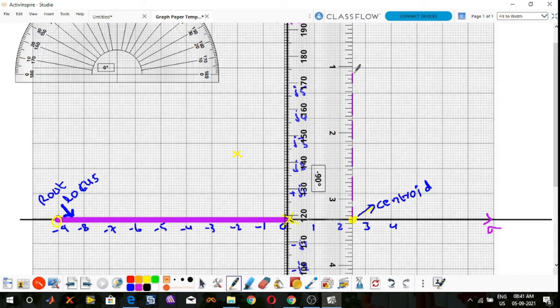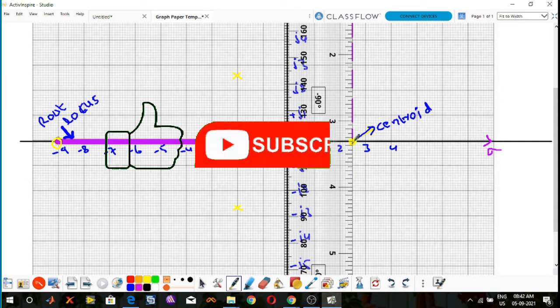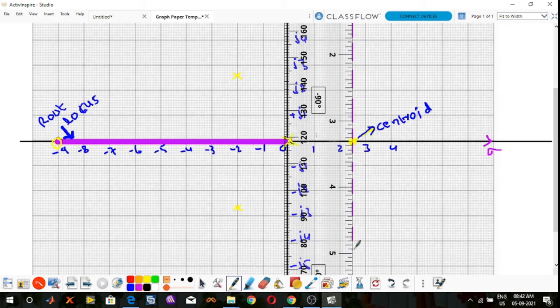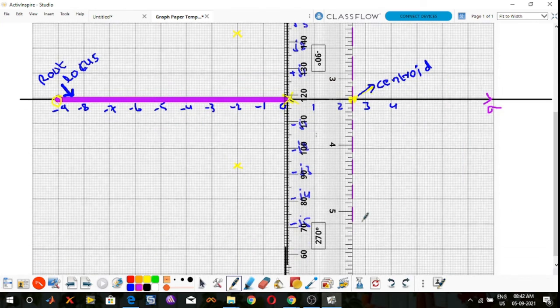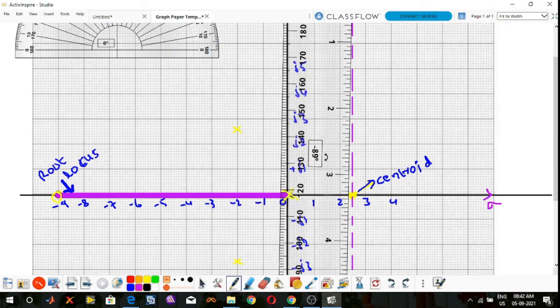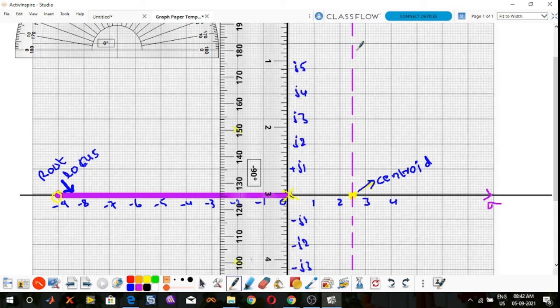If q is equal to 0, indicate with dashed lines. And if q is equal to 1, the angle of asymptote is plus 270 degrees, measure plus 270 degrees using the protractor, or minus 90 degrees. This is minus 90 degrees. These are the angles of asymptotes.